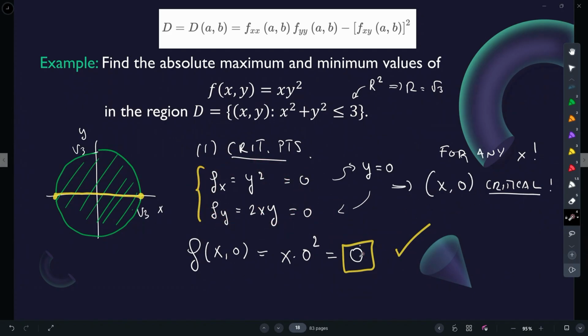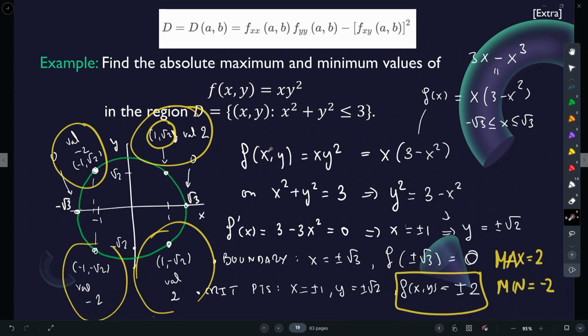And that gave me the points x comma 0, so all of those are critical, but the value there is just 0. And then what I did is restrict to the border of my region, which is just when x squared plus y squared is equal to 3. And then I'm going to look at this function exactly in this region, so I can solve for one of the two variables and make it a one variable function, and then figure out what is the largest value of that function in that interval.